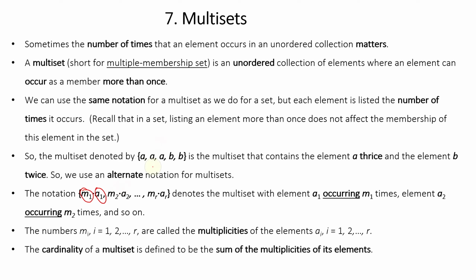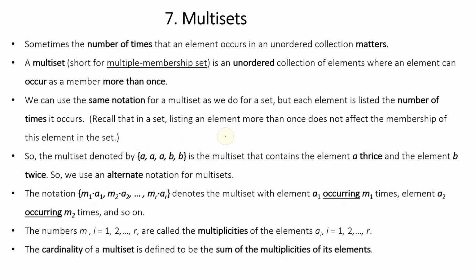So for example, this is going to be 3 A's and 2 B's. Using this notation, a_m occurs m times.